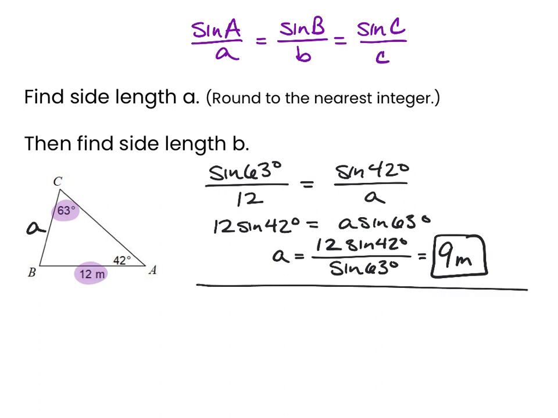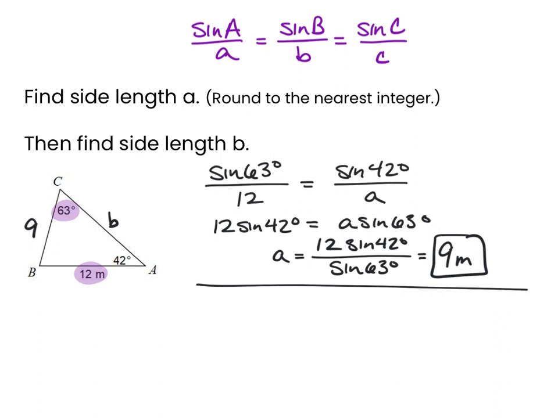Awesome. So now that we found side length A, I'm going to go ahead and relabel my figure here. It says to find side length B, which means we are looking for that side length. Now I can't necessarily use the law of sines until I find that missing angle.